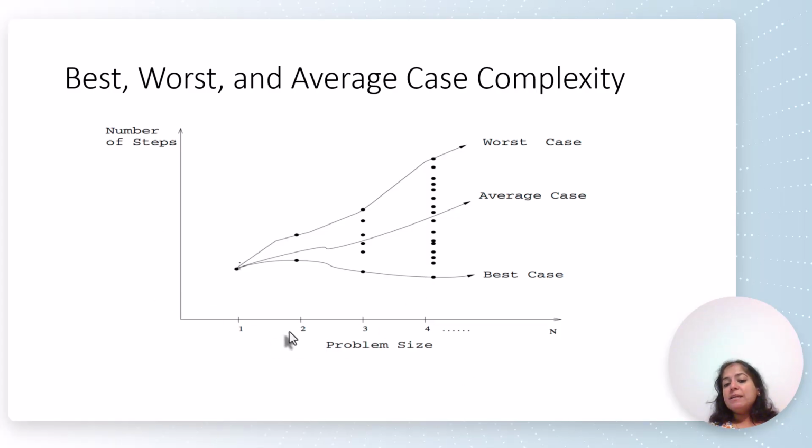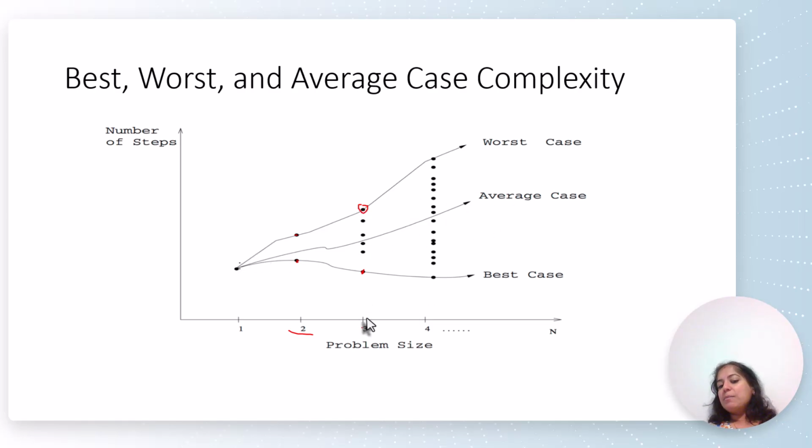This is a graph between problem size and number of steps required to execute it. So for problem size 2, the best case is taking minimum steps and the worst case is taking more. Then for problem size 3, the best case is here, again the minimum steps, and the worst case is taking more. The average case lies somewhere in between.